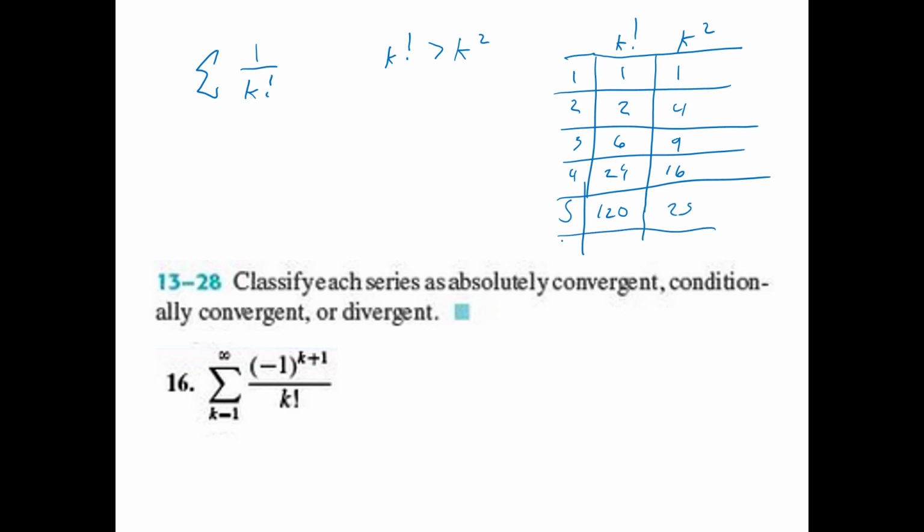For 6, you get 720 for the factorial, and for 6 over here, you get 36. That k squared is never going to catch up, right?